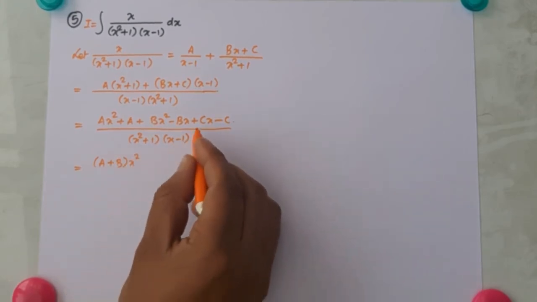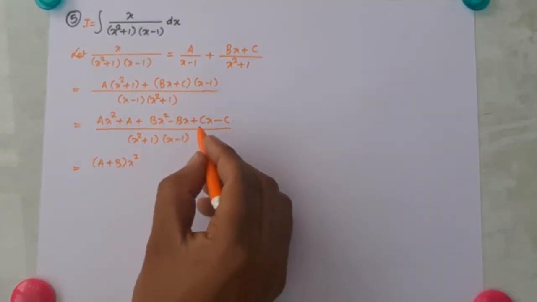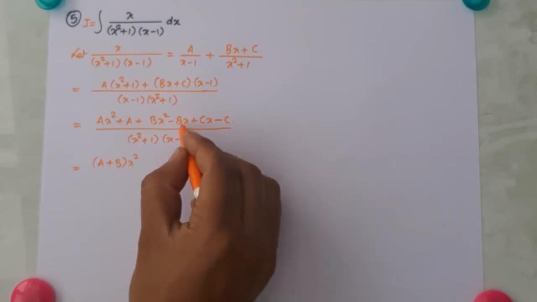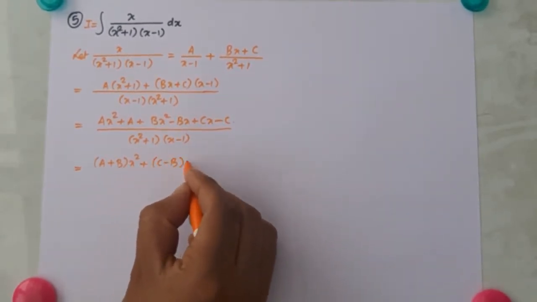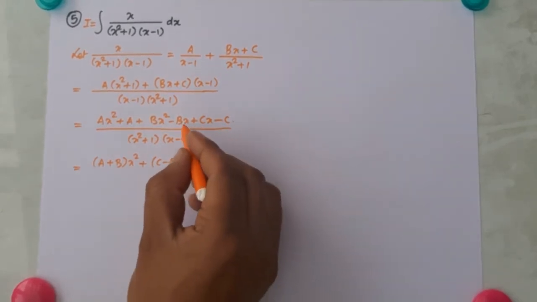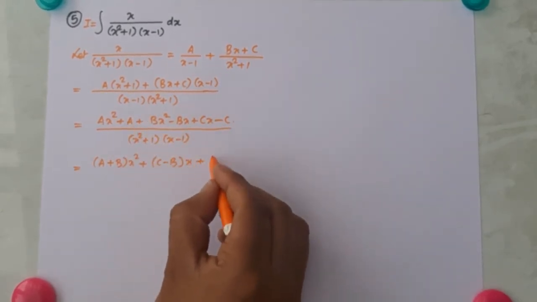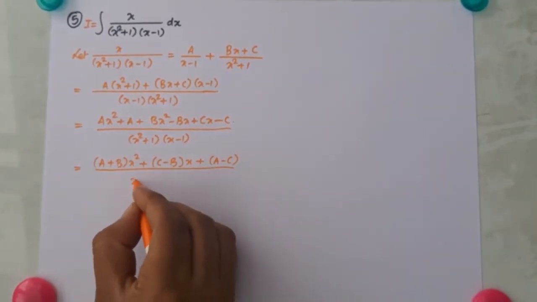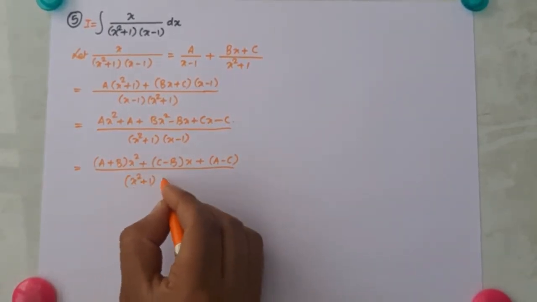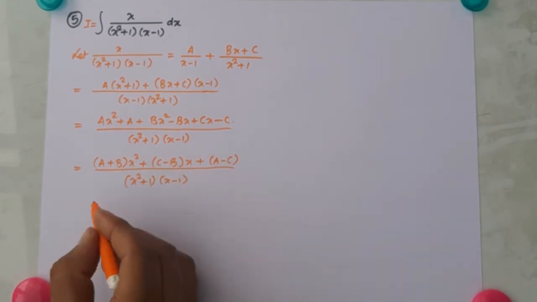Now the terms containing x are c and b only, isn't it? So that's why this becomes c minus b times x. And the constant term is a minus c, divided by x square plus 1 into x minus 1. Now again let's compare.